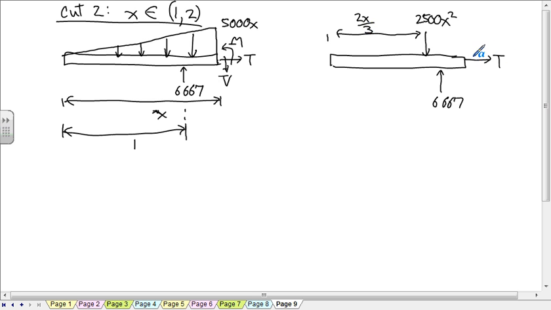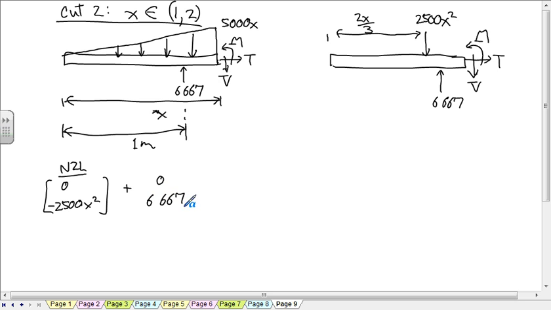And then we have T, V, and M. Okay, so Newton's second law says 0, negative 2,500x squared plus 0, positive 6,667, plus T, negative V is equal to zero.